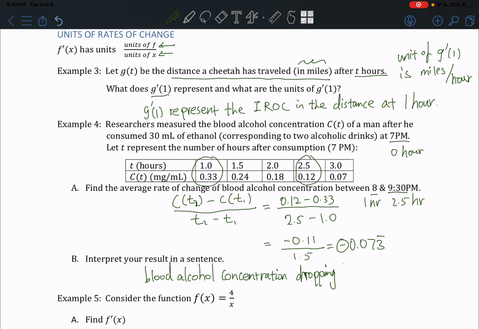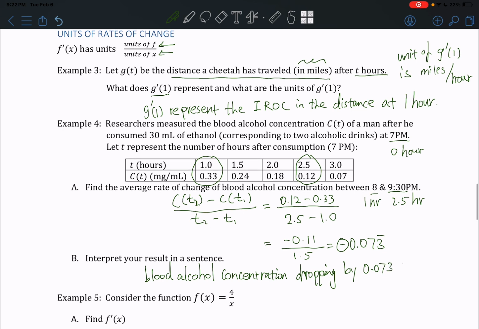Dropping by 0.14 milligram per milliliter per hour.